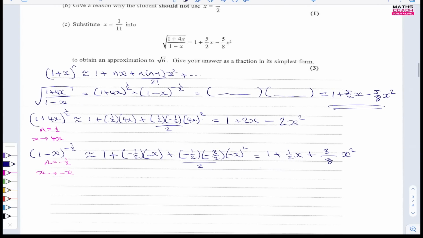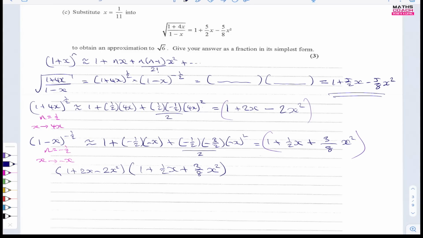So what we now have is those two now are multiplying each other, so let's write them side by side. So we have 1 plus 2x minus 2x squared multiplied by 1 plus half x plus 3 over 8 x squared.